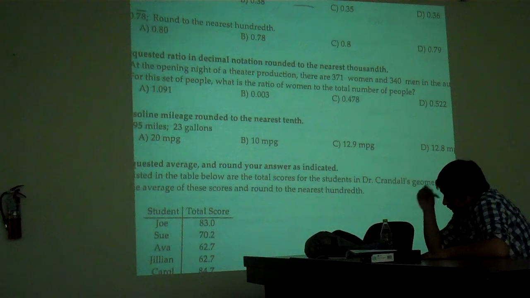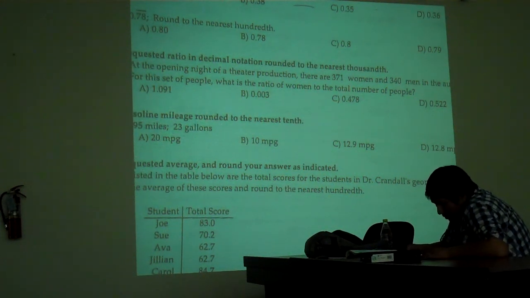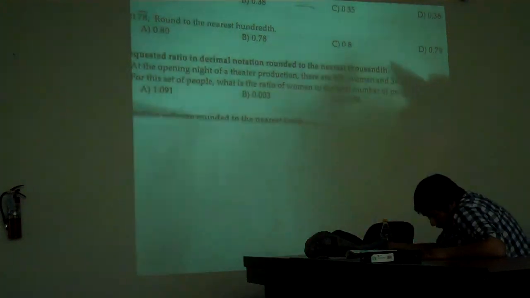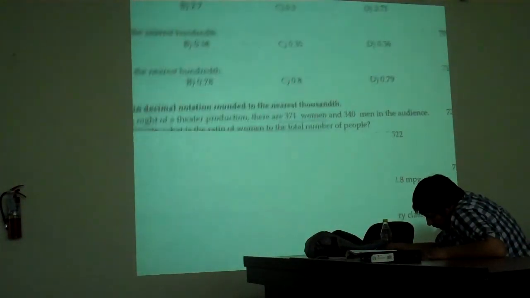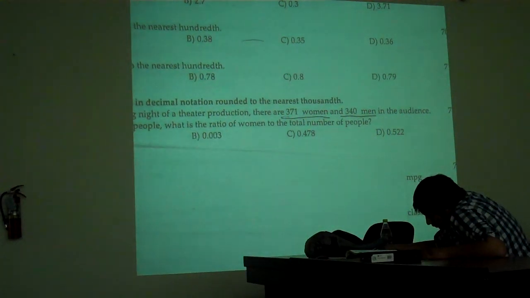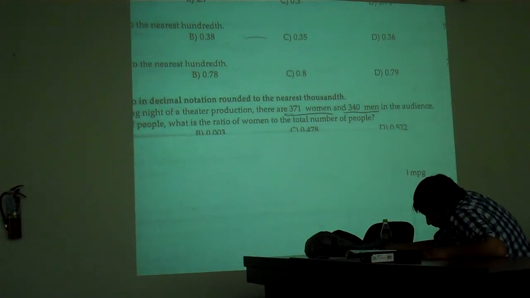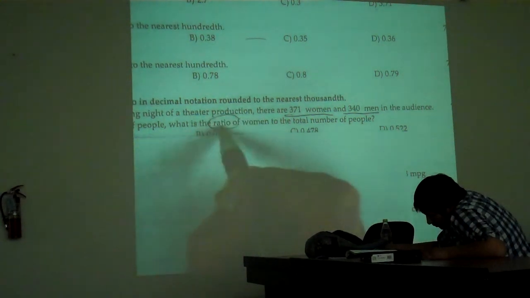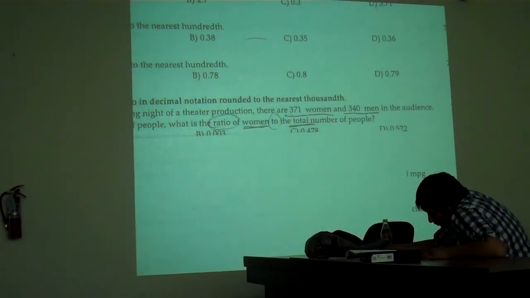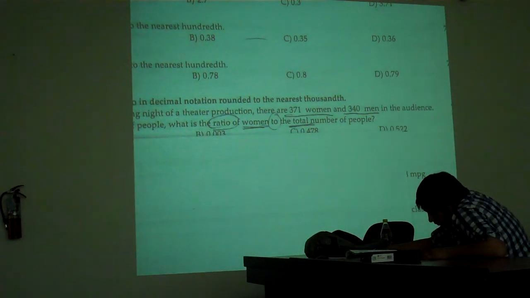Okay, 72. At the opening night of a theater production, there are 371 women and 340 men. For this set of people, the ratio of women to the total. A ratio is a fraction, right?